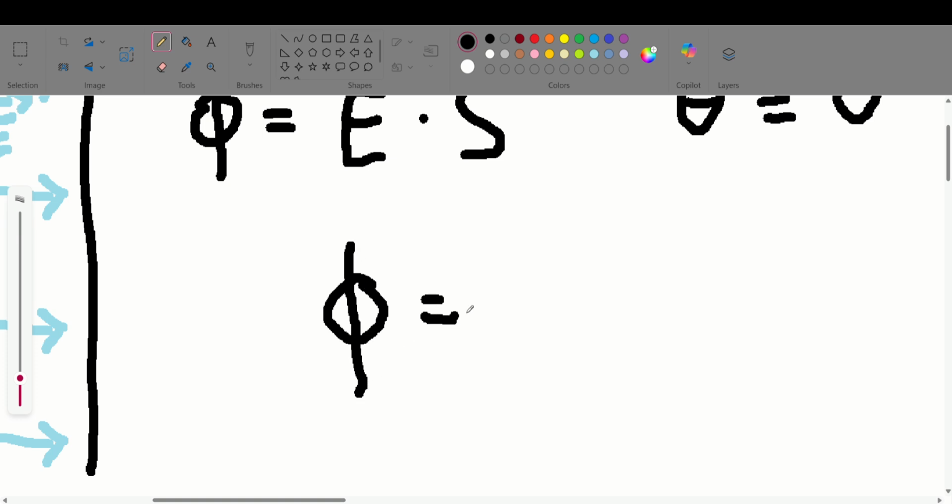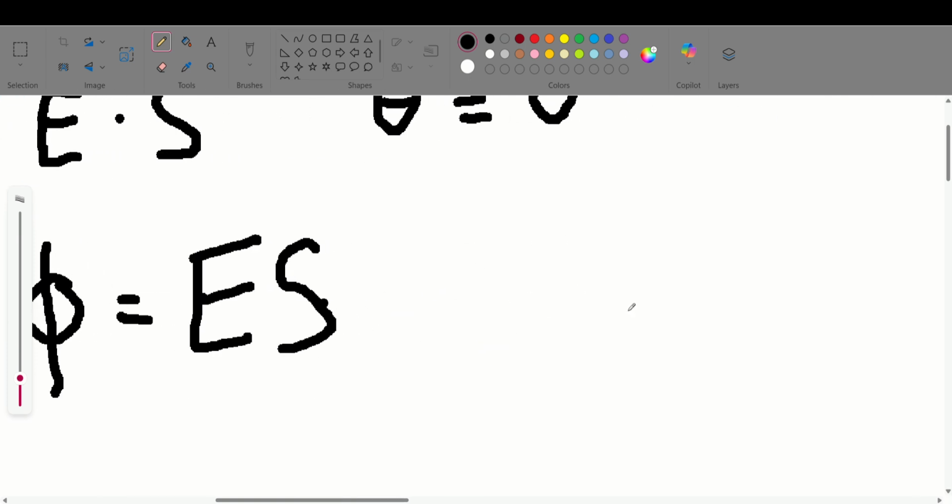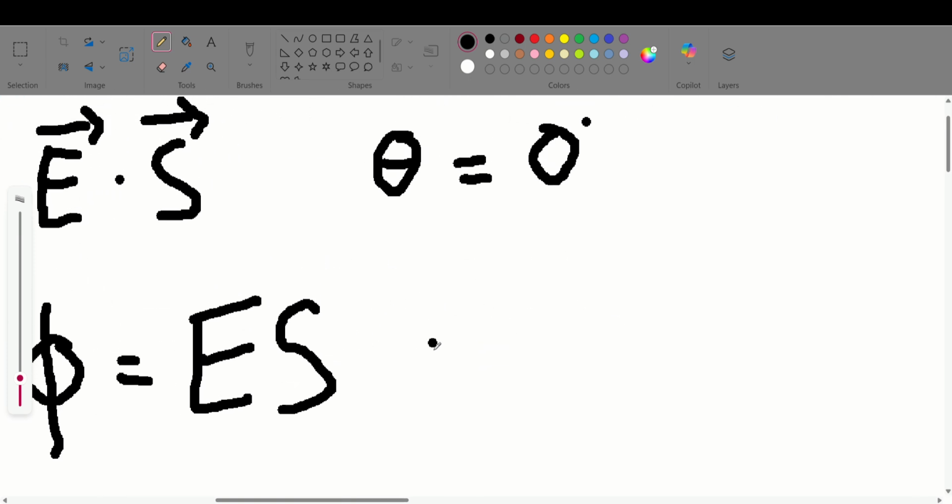So flux is equal to ES. We'll consider the magnitude of the field and the surface area and not the direction, so we're just going to write them down as scalars. Now we have to multiply this by the cosine of theta.